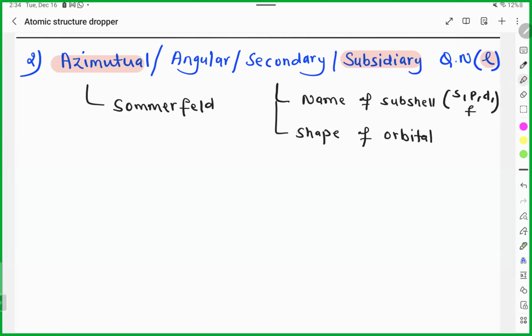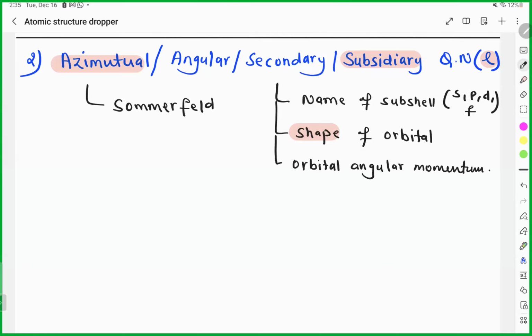Shape is explained by this, and this is a NEET 2024 question also. And because of that, we can calculate the orbital angular momentum of the orbital. Got it? So these are the important things.